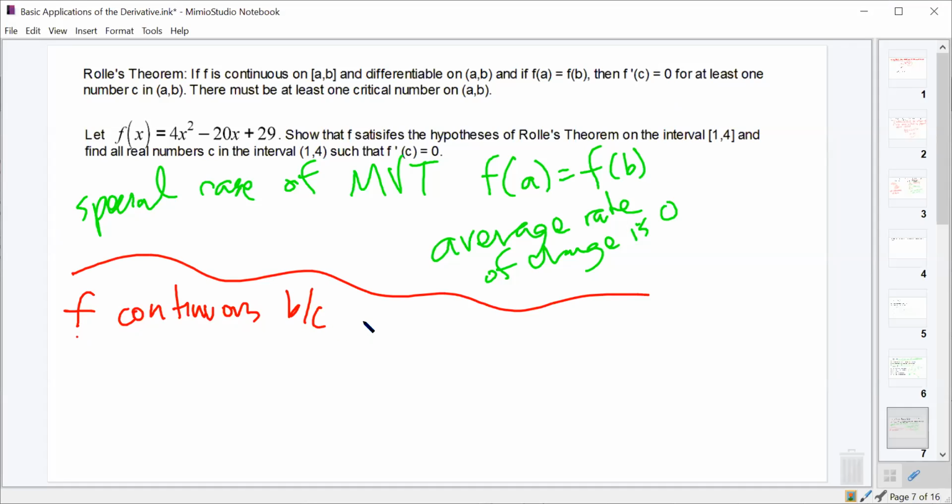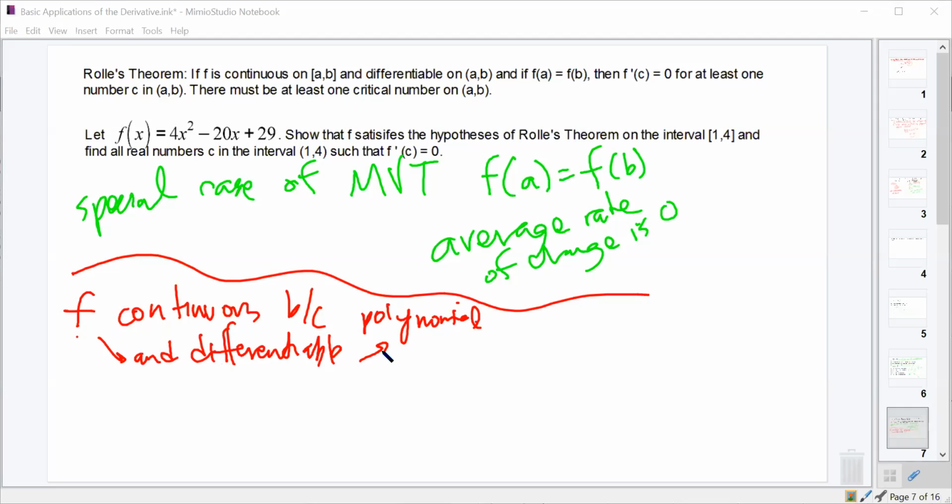Because it is a polynomial. And we can also say and differentiable. We'll just say that for the same reason, because it's a polynomial. And then what do we need to show about f of 1 and f of 4?